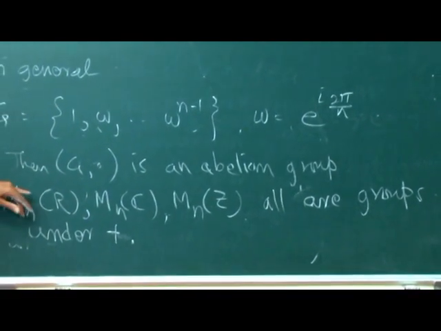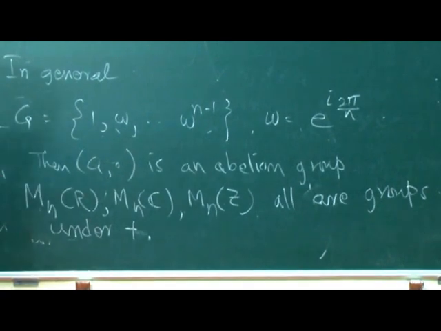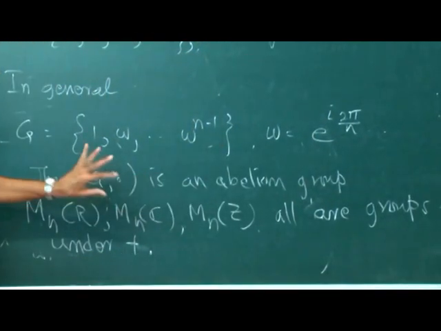What is the identity? The identity is the zero matrix. Okay. So these are all infinite groups.